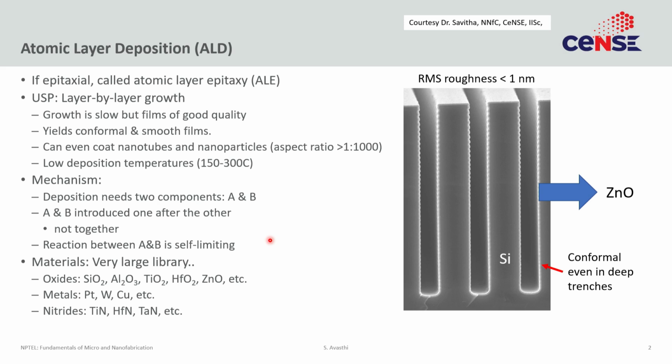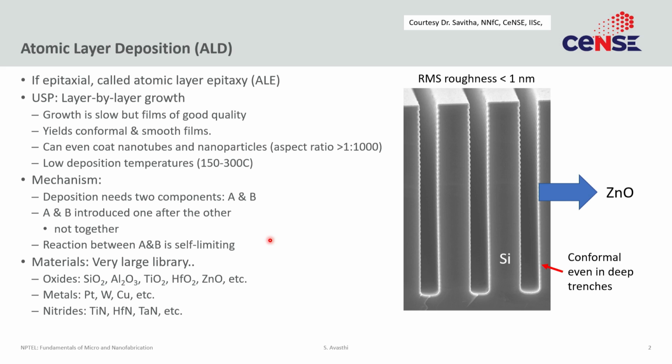Either A or B alone cannot make the material that you want to deposit, but A and B together can then make the material that you want. The trick to this process is that A and B are self-limiting reactions. They occur at the surface, but then they don't continuously keep occurring. Comparing once again to CVD, if I keep throwing a precursor for longer and longer, I would get thicker and thicker films.